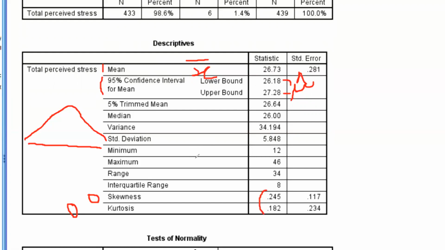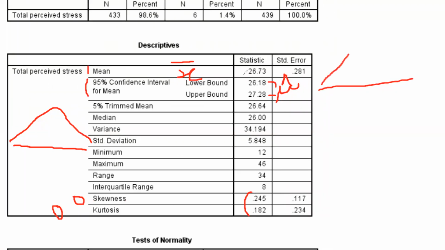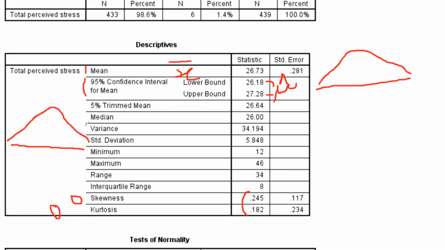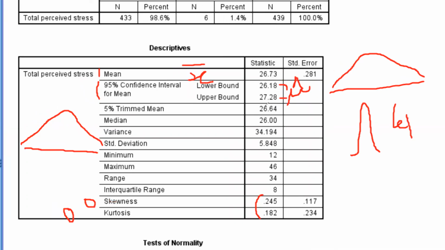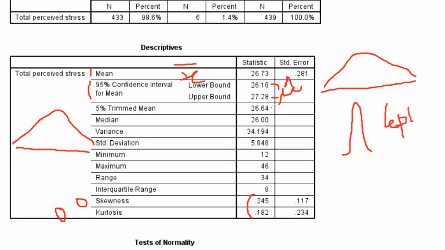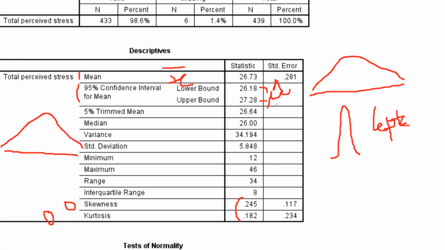If kurtosis is 0, we call it mesokurtic. Mesokurtic means we have a moderate height, neither too high nor too low, which is the characteristic of a normal distribution. If we have a very big positive number here, the distribution will be leptokurtic.